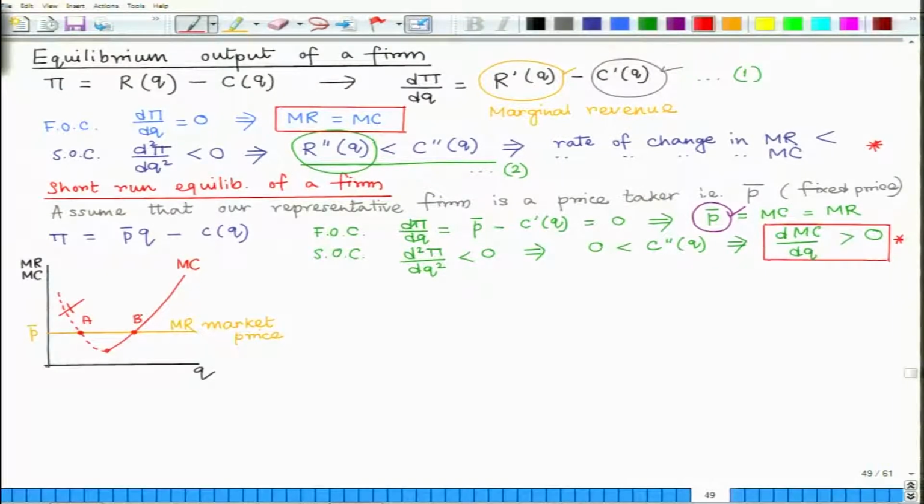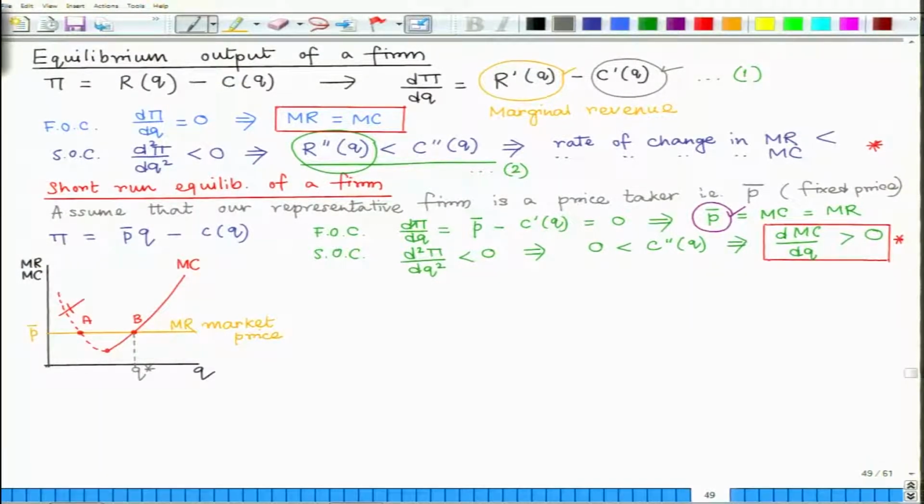Now, I am saying that point A is although meeting the first order condition, but it does not satisfy the second order condition. So, this is ruled out, right, whereas the case of point B satisfies both the first order and second order condition, and hence at this intersection point B the firm maximizes profit and it solves for the output level Q star at which this profit is maximized.